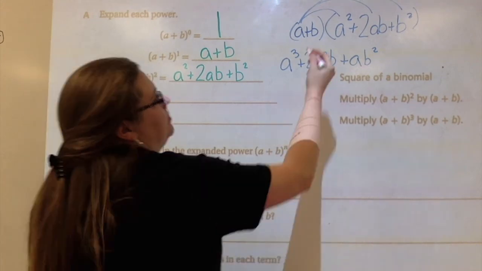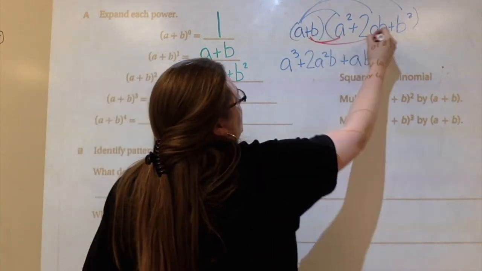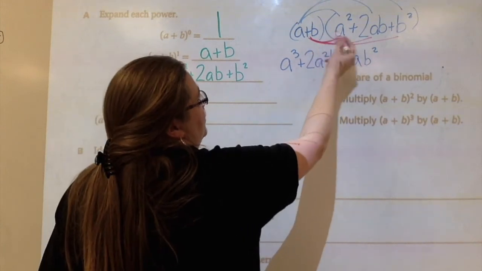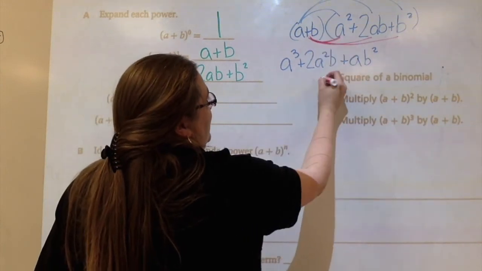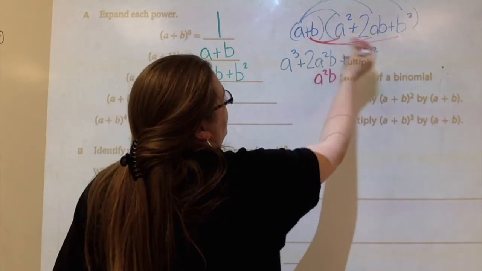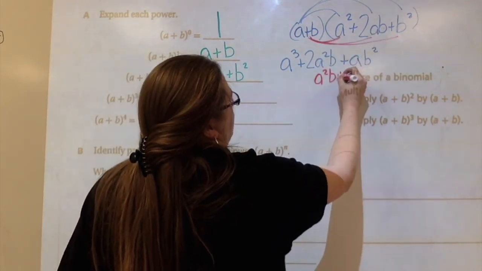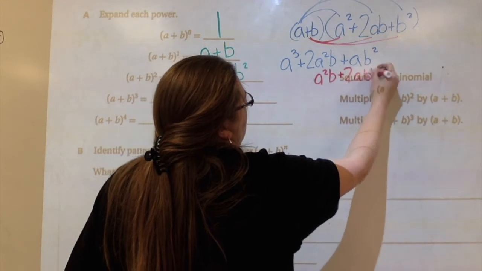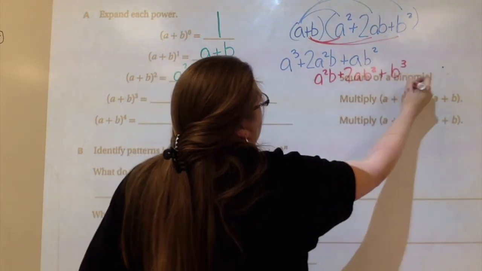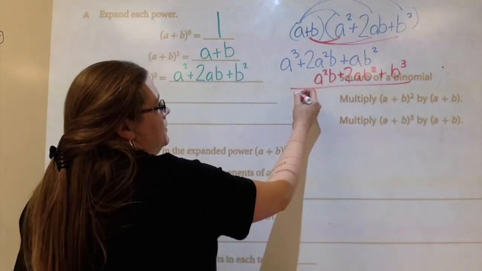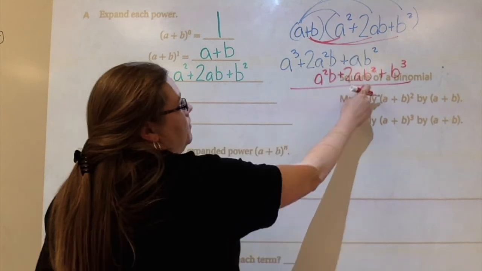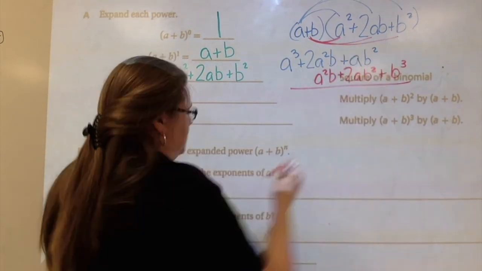Then I'm going to multiply the b times every term in the polynomial. So I have a squared b, which I'm going to line up. Then I have 2ab squared. And then I have b cubed. So when I combine my like terms, it was a cubed plus 3a squared b plus 3ab squared plus b cubed.